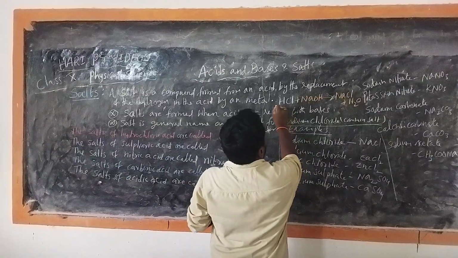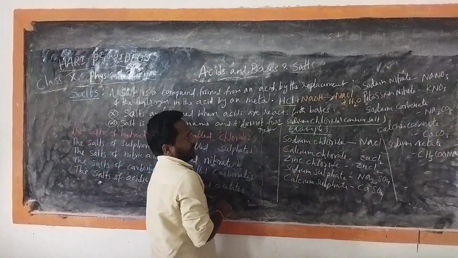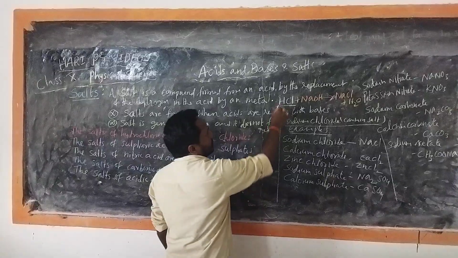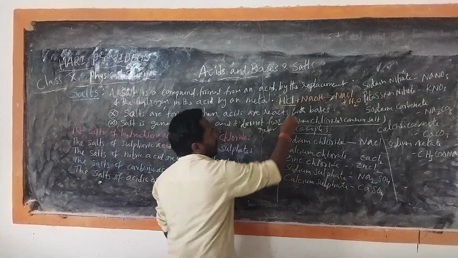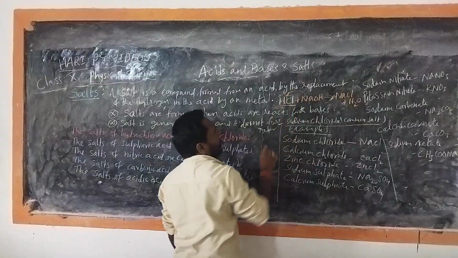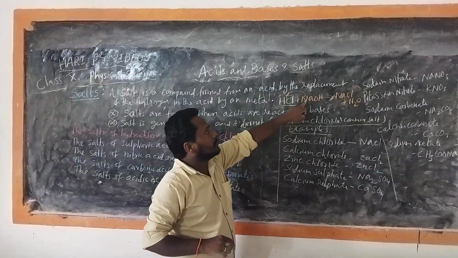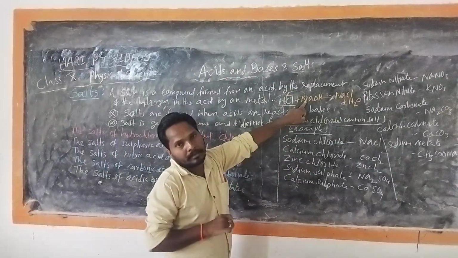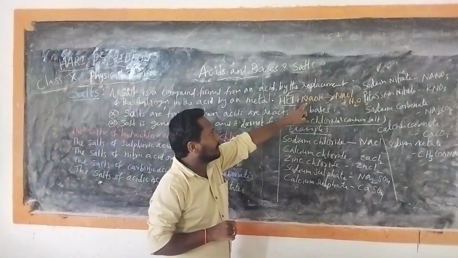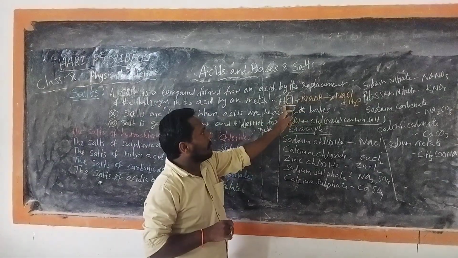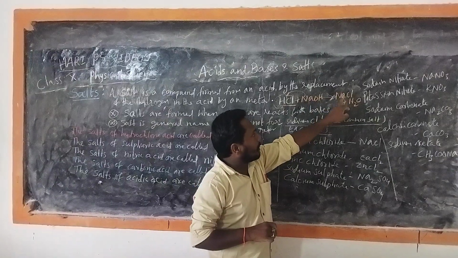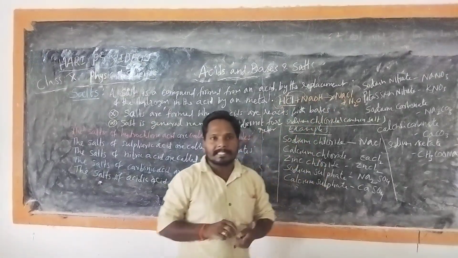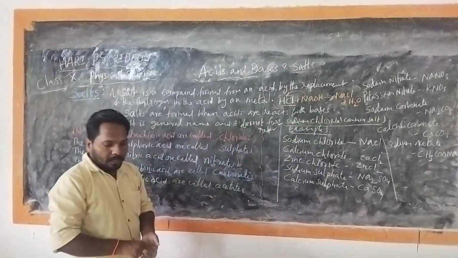In HCl, the hydrogen is replaced by a metal. Sodium is a metal. So in place of hydrogen, sodium comes in, and water is formed. Sodium chloride is formed, right?